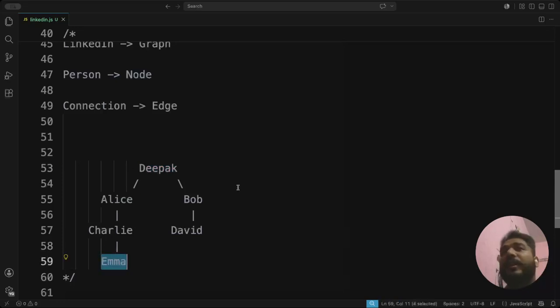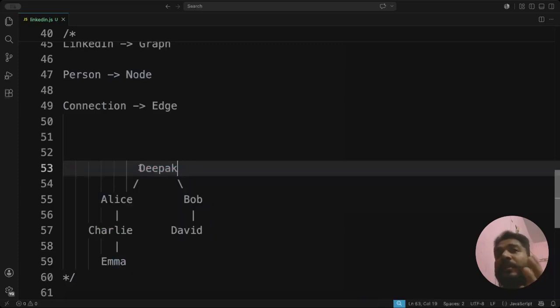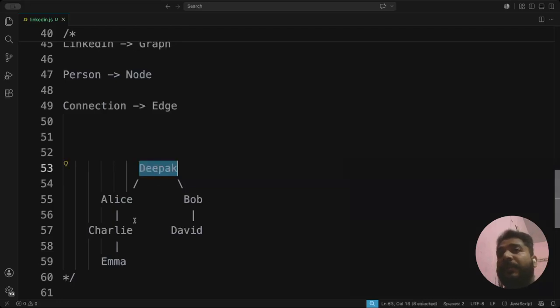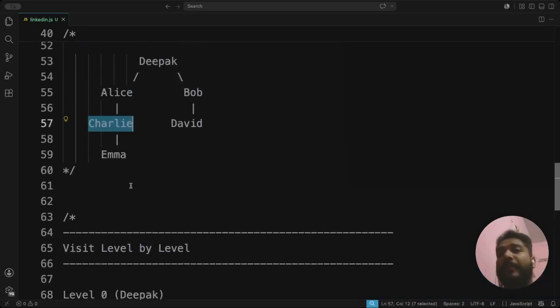So if we consider LinkedIn as a graph, it is easy to determine the connection level. But now the question is how we traverse this whole graph. Should we traverse the graph randomly, like just check Deepak and Charlie? How do we check the level between Deepak and Charlie using this graph? What we need to do is traverse the graph level by level, one level at a time.